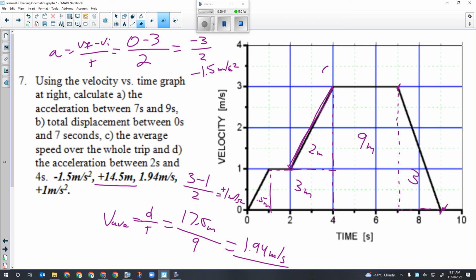I mean, I could show 4 marks worth of work, go VF minus VI over T, and go 3 minus 3 over 3. That's still 0. But I don't have to do any work to know that. I just have to look at the line and go, the velocity's not changing. And the definition of acceleration is a change in velocity, so it's not happening. And it's 0. Does everyone follow me there?